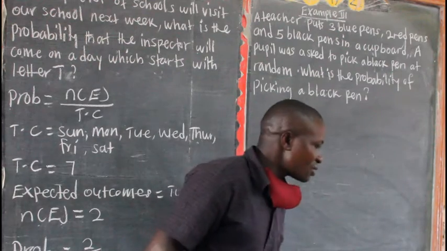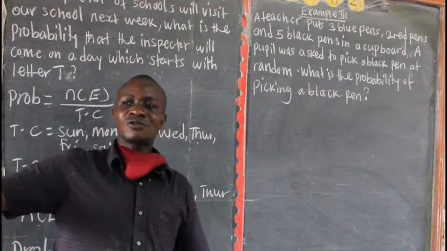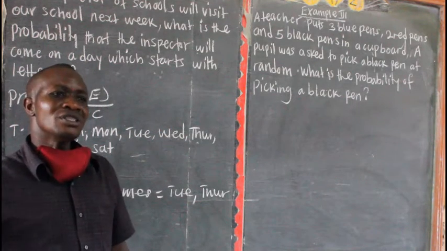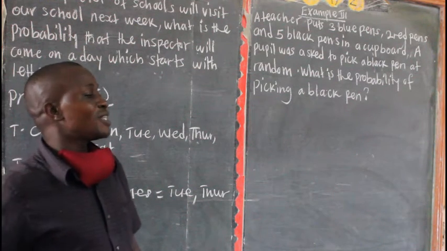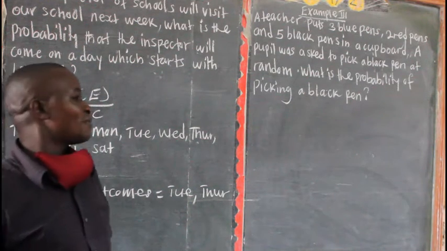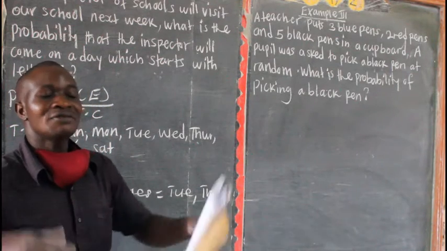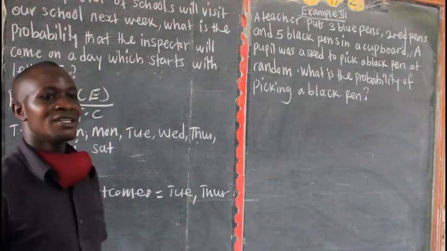At random means you are asked to pick a pen where you are not even seeing. You don't know which color you are picking. You just put your hand in the bag to pick a pen while you're not looking, or when your eyes are tied.